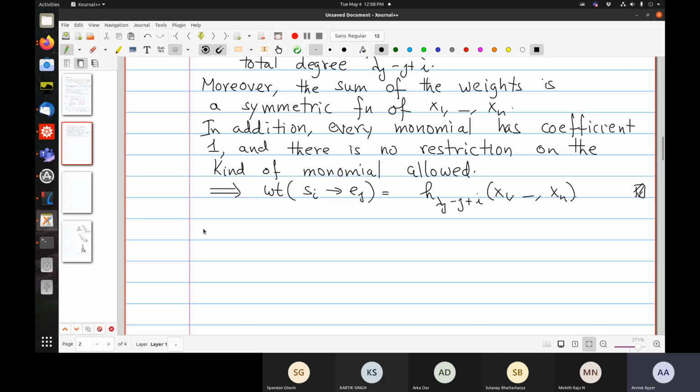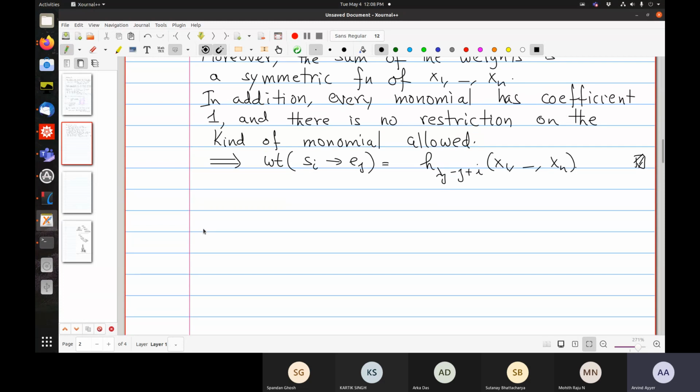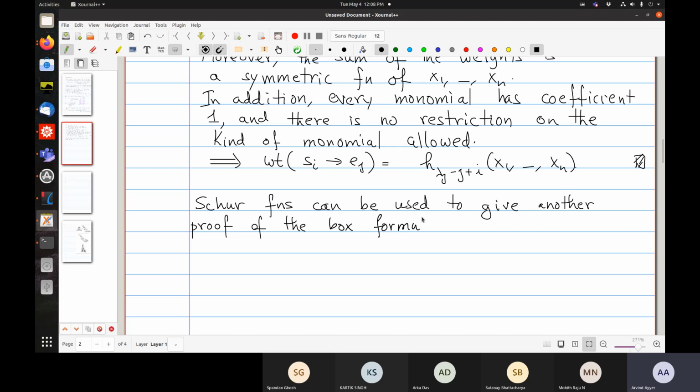So remember, we are trying to prove McMahon's formula. Before that, let me show you how Schur functions can also be used to give another proof of the box formula. And we'll generalize this idea to prove McMahon's formula, McMahon's conjecture.